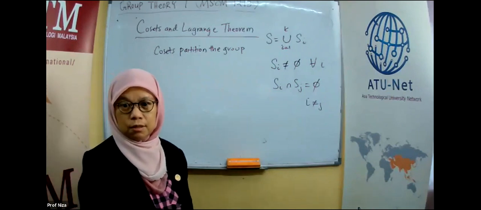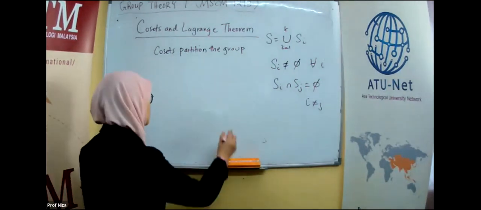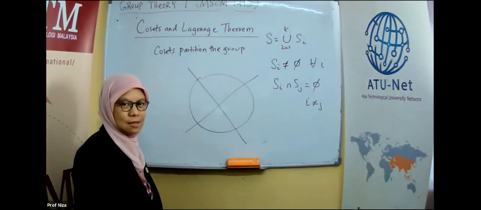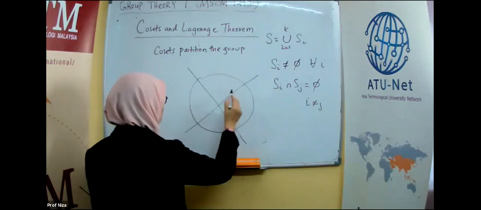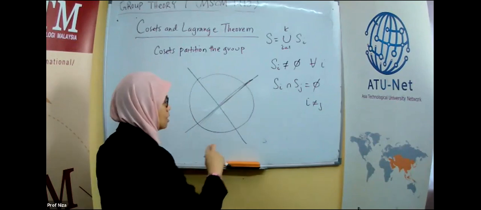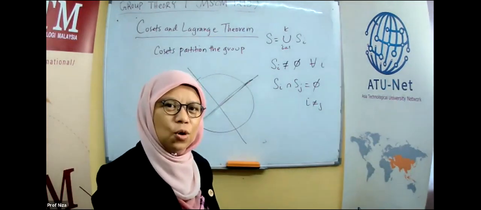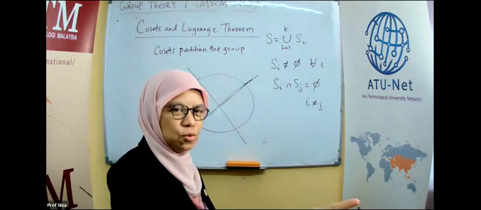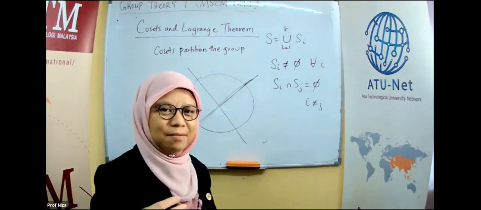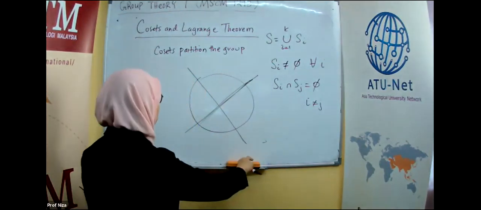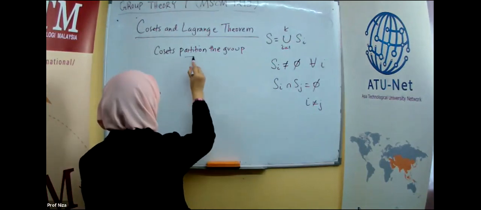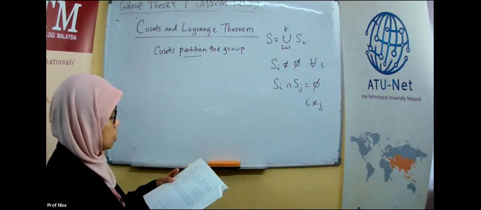This is partition. It's like you have a cake. You cut the cake once. You can cut the cake evenly, or you give more to, say, Hassan, less to me, the uneven one. So this is the partition, yeah? Okay, so let's see.